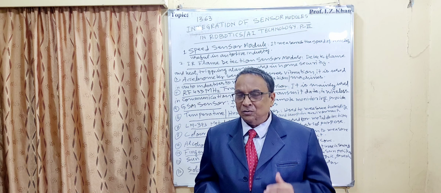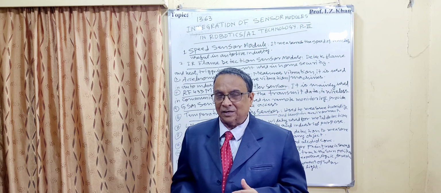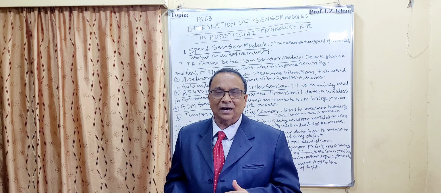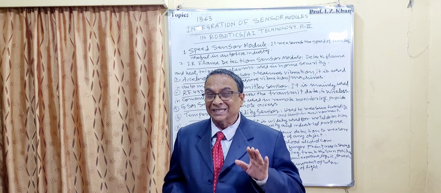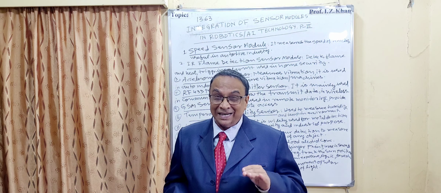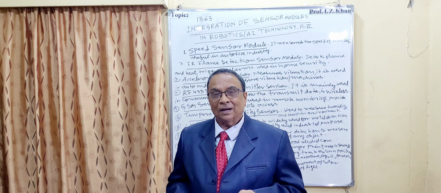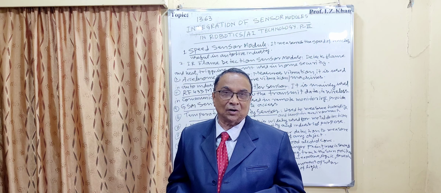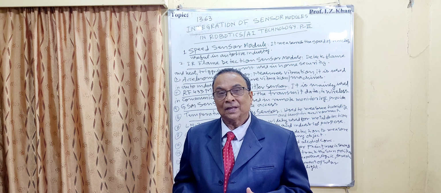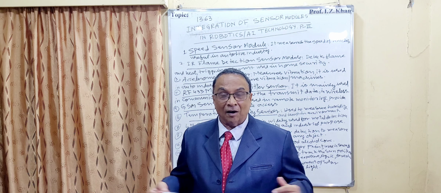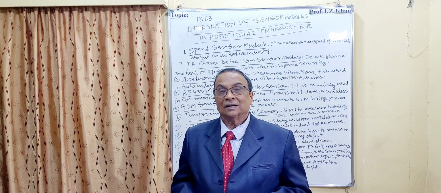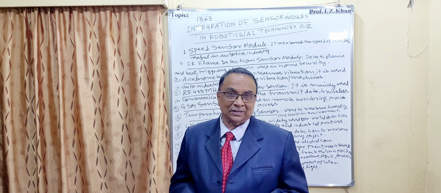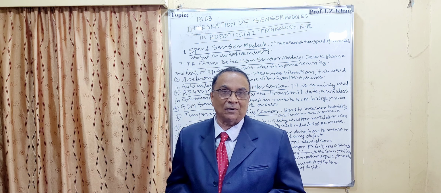But these emerging new technologies, they will learn more and more only by doing themselves, by building themselves. Different types of articles or projects are given, and they are integrating all these sensors one by one. Then they will learn a lot. Once again, thank you very much for watching the lecture.